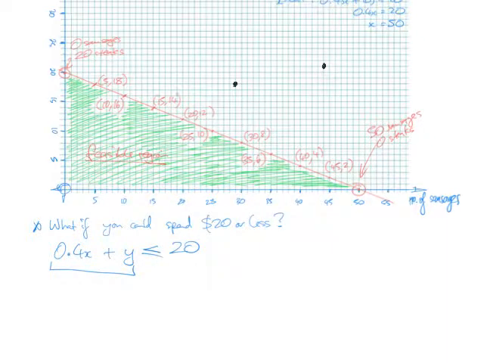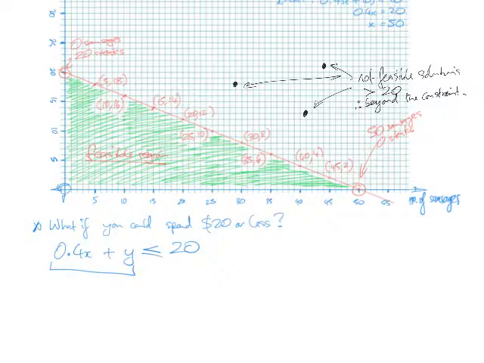These combinations of sausage and steak outside, above the line, are not feasible solutions. They would be greater than 20, therefore beyond the constraint. The constraint is 20, and you can spend less than that.